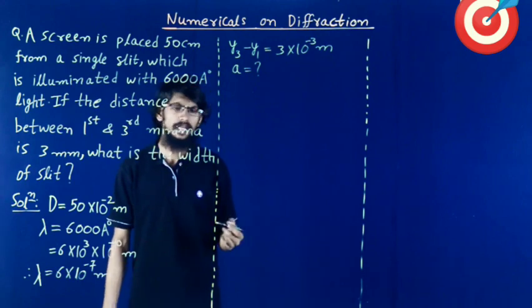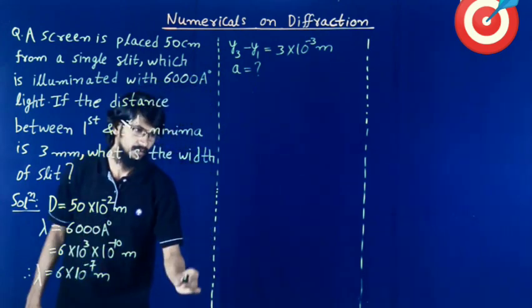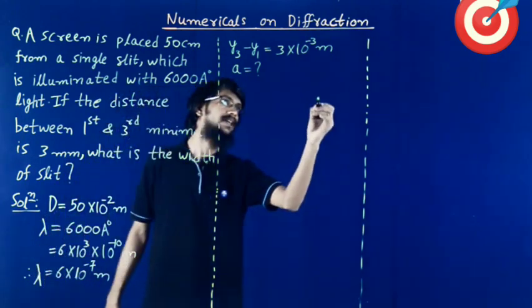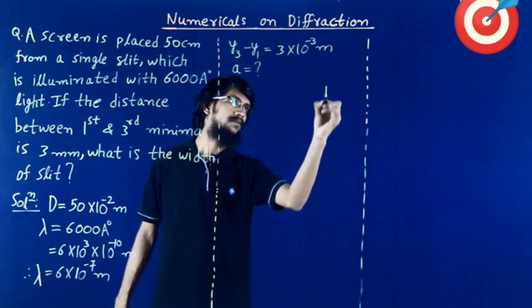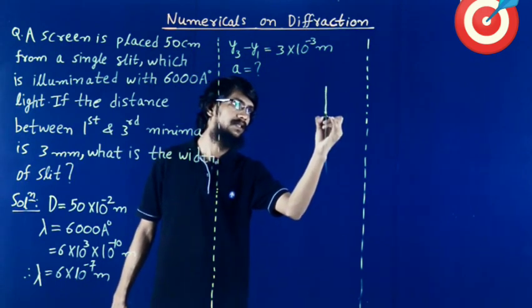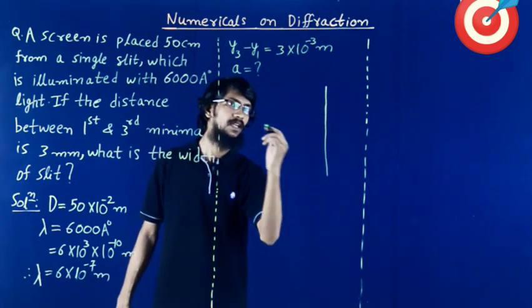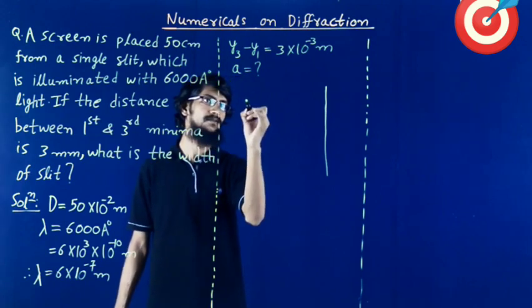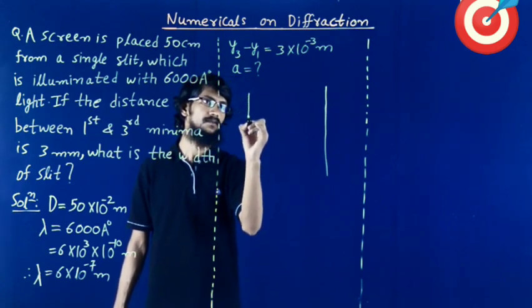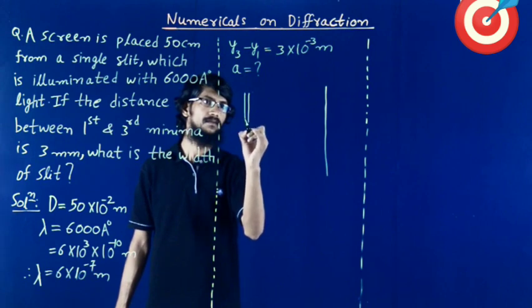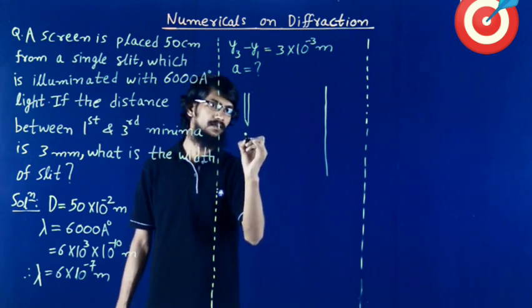How can we find it? Let's draw a simple diagram. This is our screen, let's say. And we have a very narrow slit here.